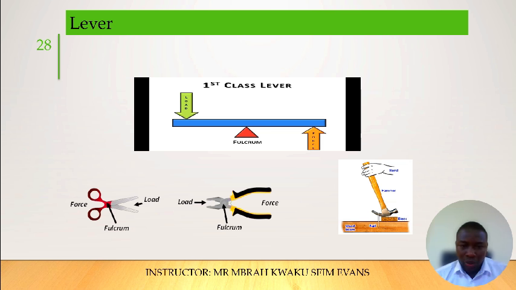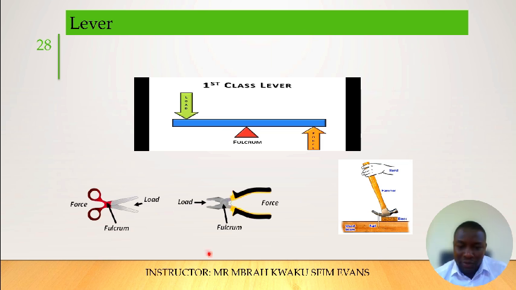Now, for the first class lever, you have the load, you have the fulcrum, and you have the effort, or the force you're applying. A pair of scissors is a classic example of a first class lever. The middle point is the fulcrum or the pivot. In scissors, where you apply the force is the effort, and if you are cutting something, that becomes your load.